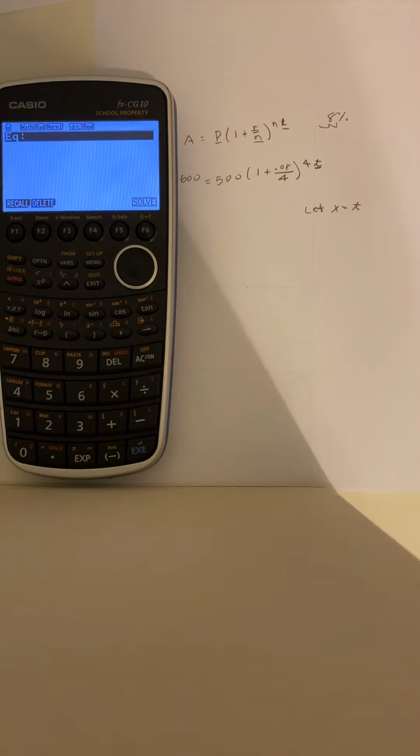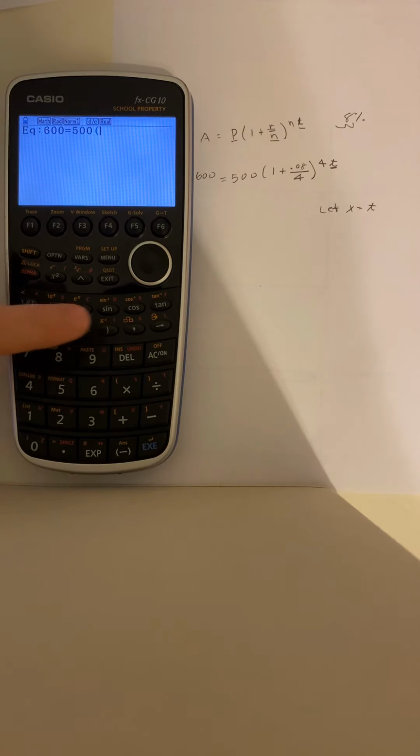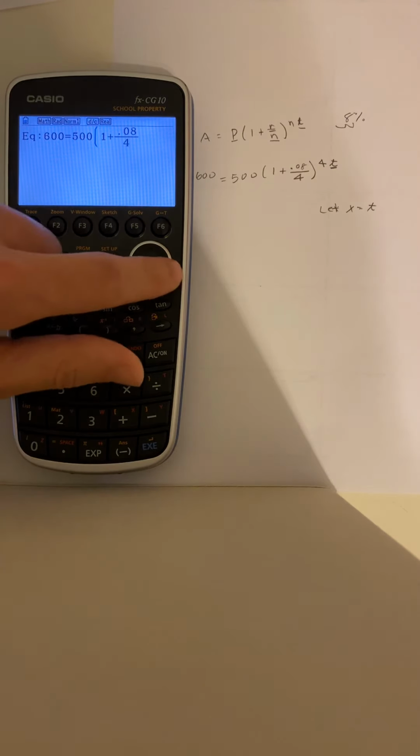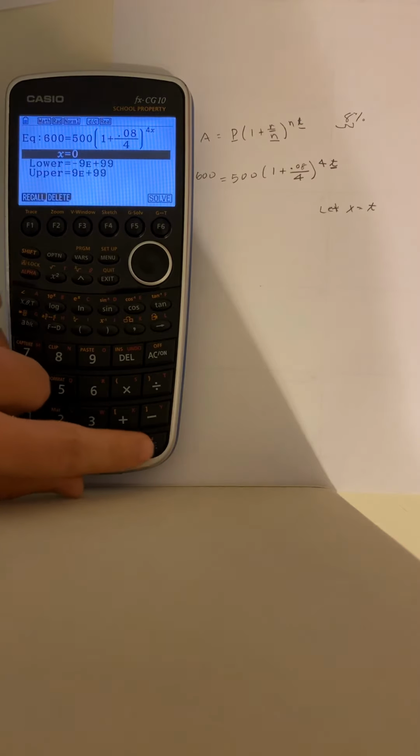So we plug in 600 equals 500 times (1 plus 0.08 over 4) to the 4x.